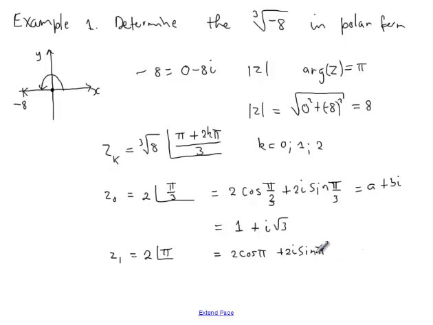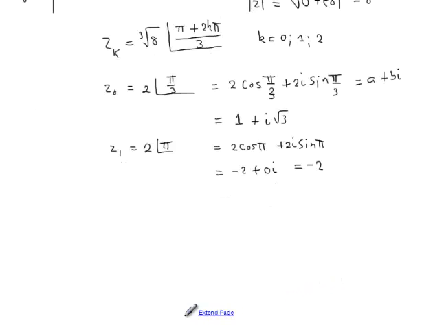Sine of pi is 0, isn't it? Yes. Cosine of pi is minus 1. So we're going to end up here with minus 2 plus 0i, which if you want, you can give as minus 2. Are we together, guys? Yes.